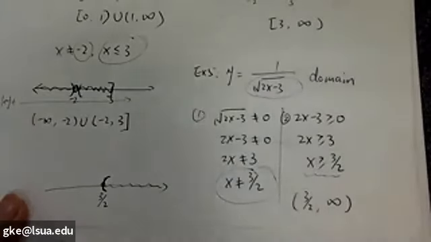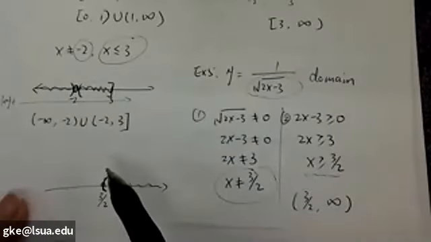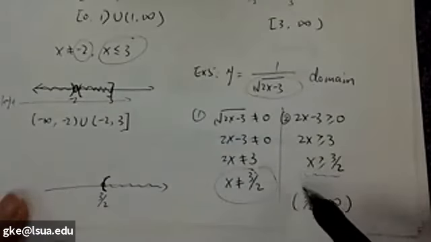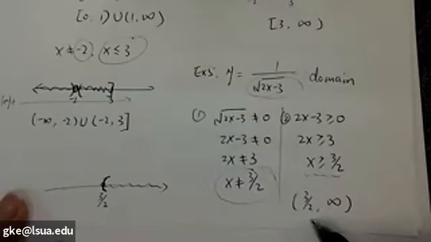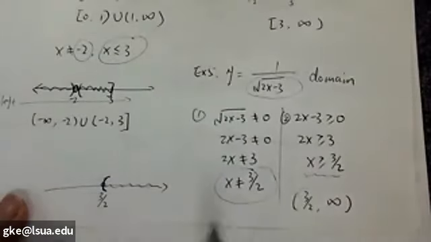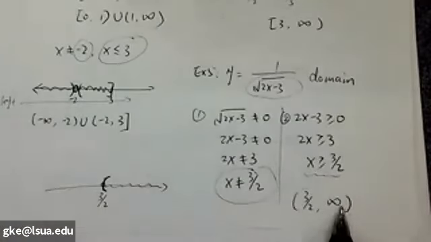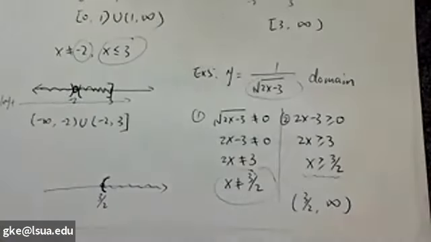So be careful of such little things. If you include the 3/2, it's gonna be a square bracket. If you write down a square bracket on your MyMathLab here, you probably make a mistake. So here it's not included, that means use a round bracket. Question? Yeah, they cancel each other out.